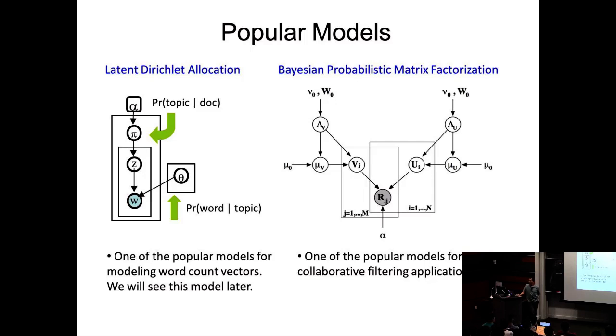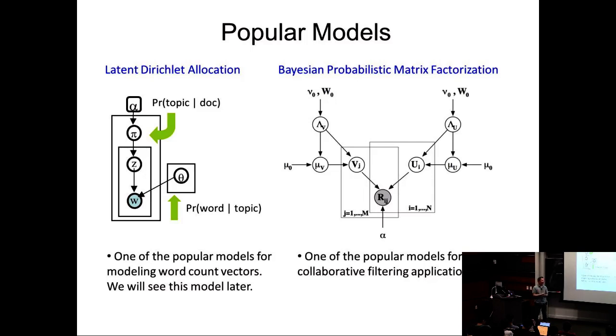Bayesian probabilistic matrix factorization, if you're doing recommendation-based systems, or you have some sparse matrix and you're trying to fill in the entries of the sparse matrix. You have a Bayesian probabilistic matrix factorization model. It kind of has this bi-Gaussian representation of it, and you can stitch them together, right? So these are some examples of fairly popular directed graphical models, right?